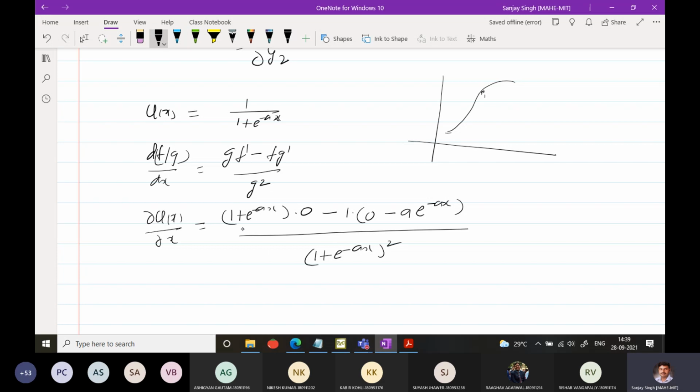This part is anyway 0. So minus minus becomes plus: a e to the power minus ax over (1 plus e to the power minus ax) whole square.